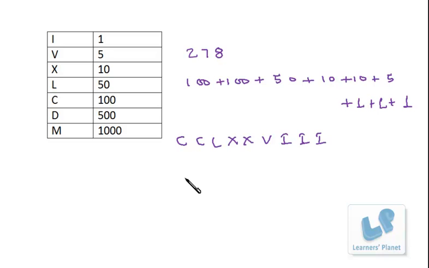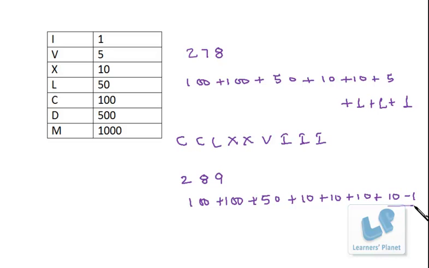Now let's write the next number, maybe 289. Okay. So it is 100 plus 100 plus 50 plus 60, 70, 80, 90 minus 1. Okay, and this is a single representation.